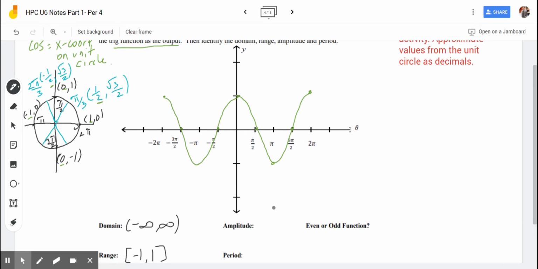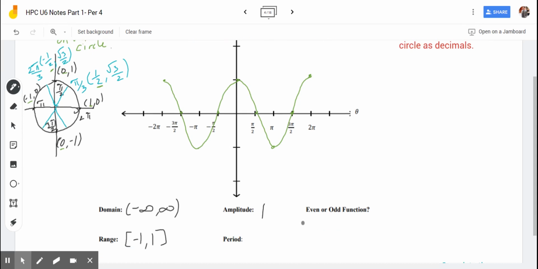The amplitude, by definition, is the distance from the midline to the max or the midline to the minimum. Amplitude for the parent function for cosine is 1. The period is 2 pi.